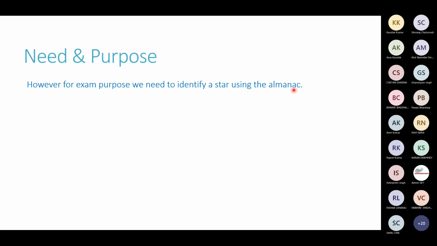So we are now going to see how to identify a particular star which has been used by the navigator for site taking using the almanac data. This is done using the rational horizon diagram. So use the rational horizon diagram, or the diagram of the celestial sphere made on the plane of the rational horizon, to solve these type of questions.